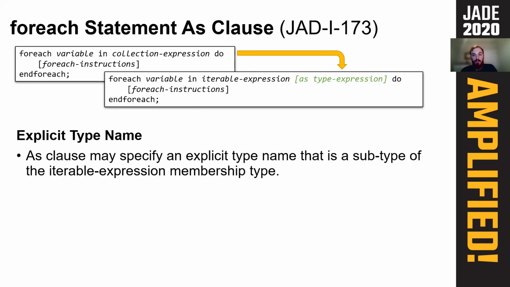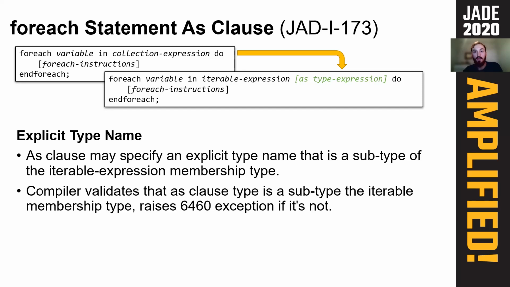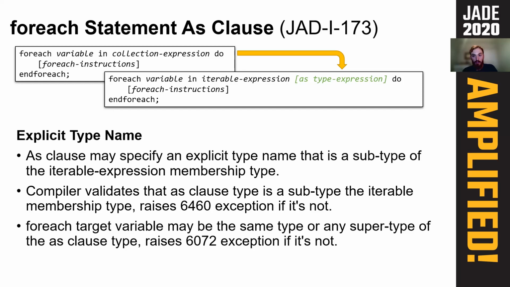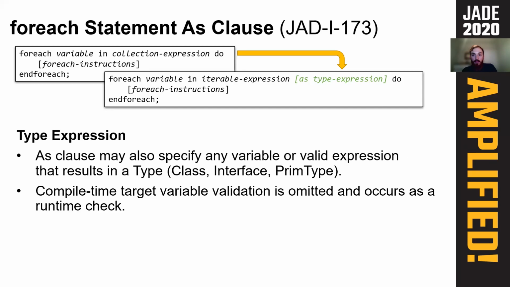If an explicit type name as clause is used, there are some additional compile time checks that take place. The compiler will validate that the explicit type is a subtype of the iterable membership type and will raise an exception if it's not. The compiler will also validate that the target variable is the same type or a supertype of the as clause type, and again raise an exception if it's not.